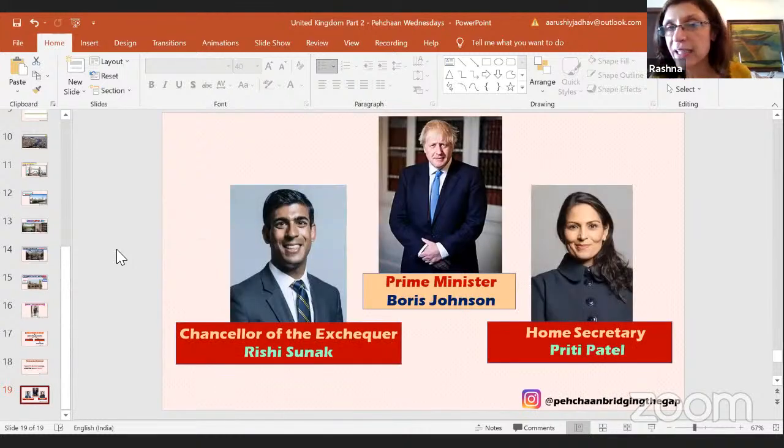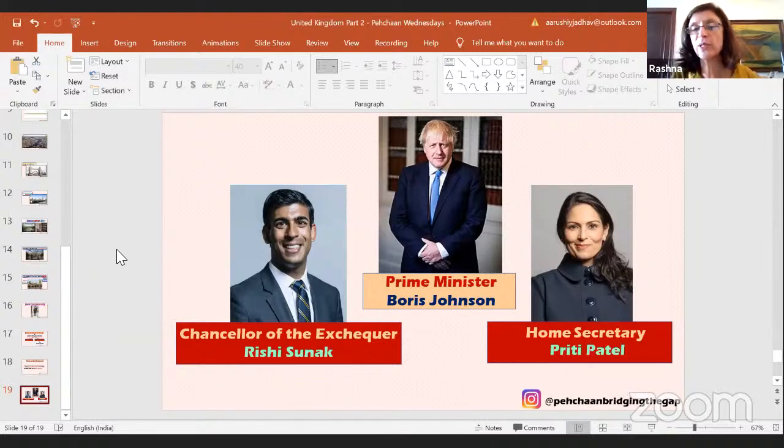So one more slide and the last slide. We have the Prime Minister. We saw this last time, Boris Johnson, and we have Rishi Sunak, and we have Priti Patel, both ministers in the government of the United Kingdom, correct?